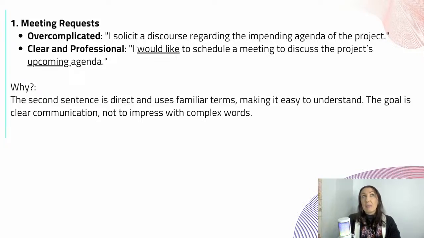Familiar in the sense that people know these terms very well. They are easy to understand. That's what you want. Your goal is clear communication, but you want to sound professional, not overcomplicated.